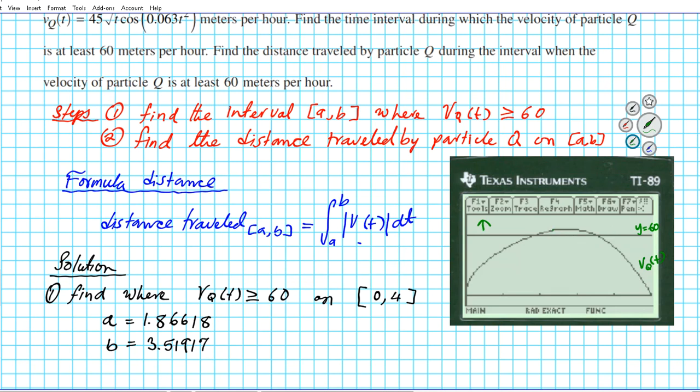Okay, so it's this interval right here. Okay, so this left intersection is my a, my lower bound, and this intersection right here is b. So this interval represents a situation where v sub q of t is at least 60 or 60 or greater, the same thing. Okay, so that's why we did what we did.